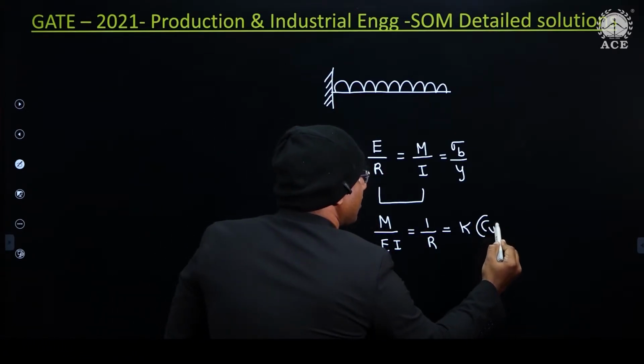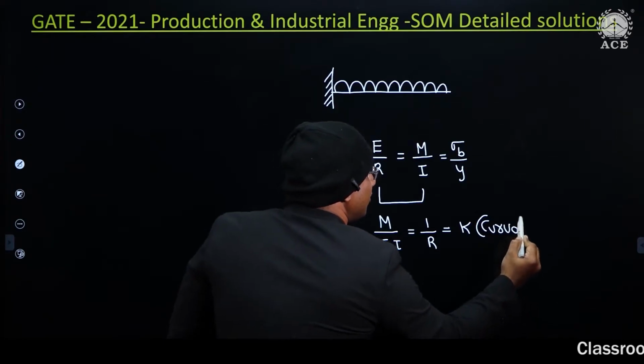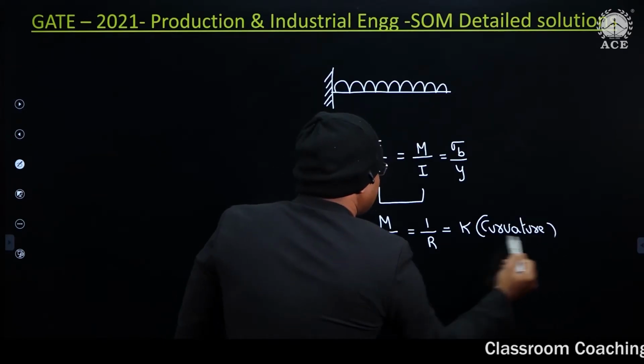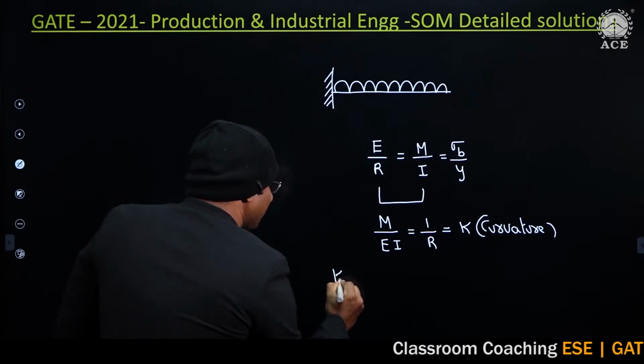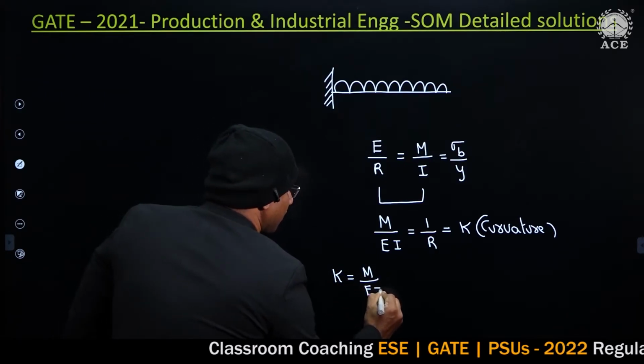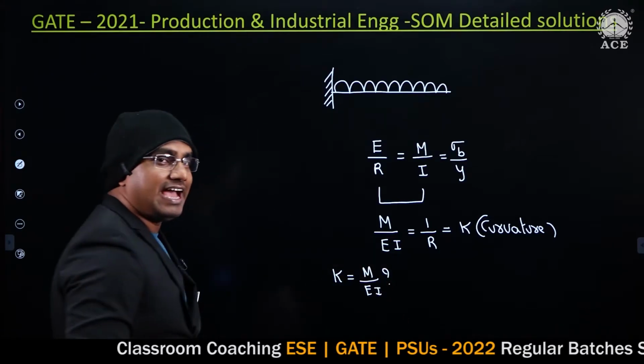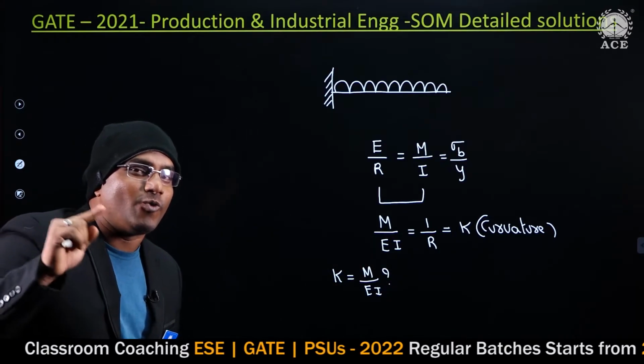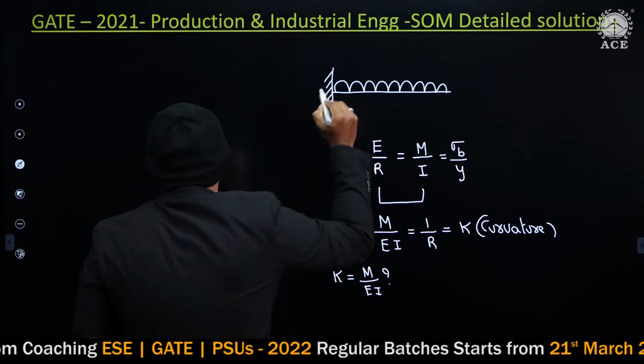This is the curvature. So indirectly it is asking K equal to M by EI. And he specifically asked the curvature at the fixed end.